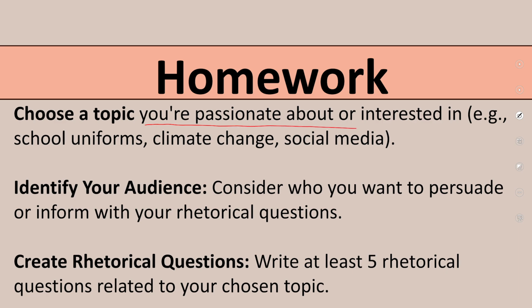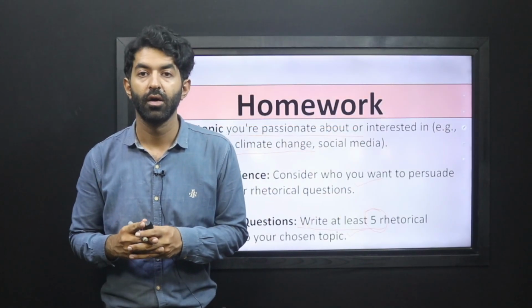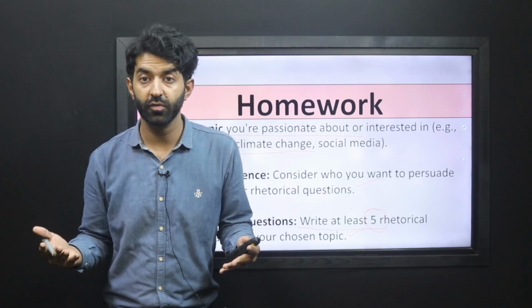For your homework, students, you have to choose a topic you are passionate about or interested in. Then you identify your audience and give a speech. You have to write at least 5 rhetorical questions related to your chosen topic. For example, if you chose the topic climate change, you can pose a question like, don't we want our world to be a better place for us?